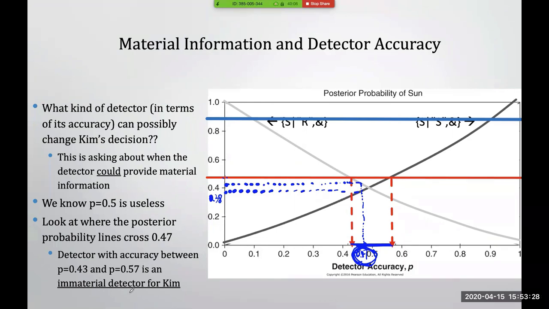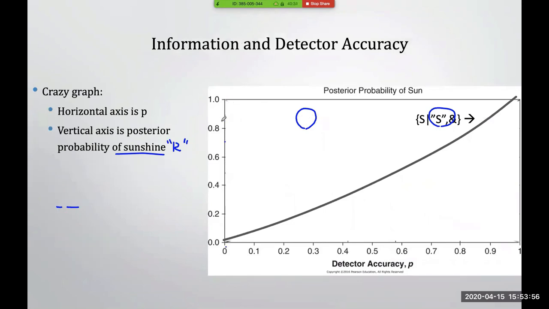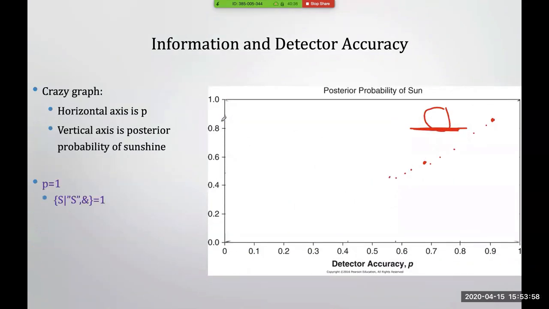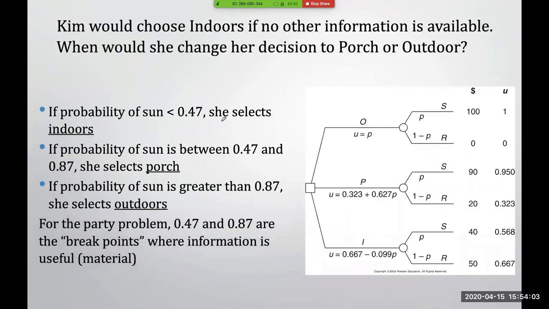Okay. I want to say that the usefulness, or whether a detector is material or immaterial, is decision specific. So as you recall, we found this threshold 0.47 and this threshold 0.87 by looking at a specific decision problem over here.